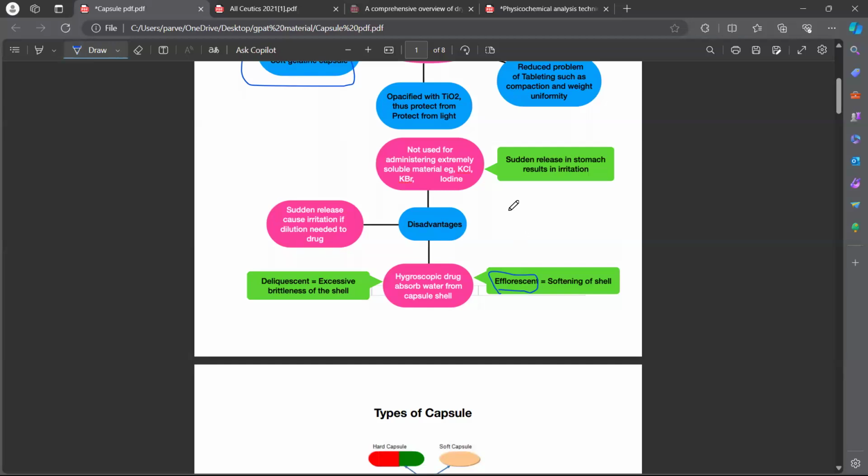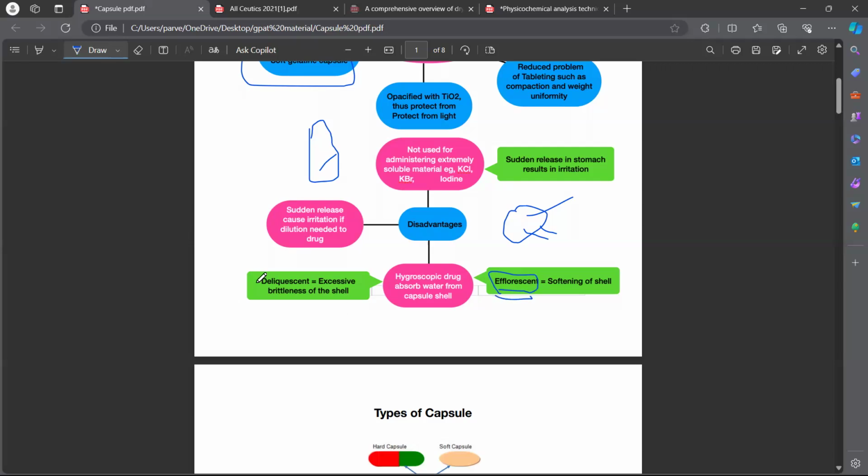For example, if a compound has water in its crystal lattice and it loses that water, then it is known as an efflorescent substance. As we know, gelatin itself contains moisture. So if we pack any efflorescent substance in the capsule, the substance will release its moisture and the capsule will absorb it, by which the whole shell will become soft. That's why efflorescent substances are not packed in capsules.